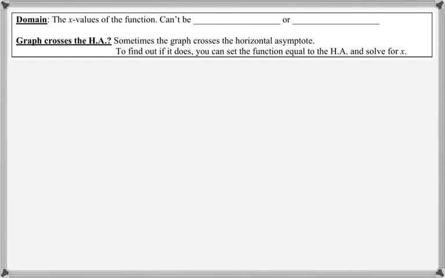And specifically, these can't be the vertical asymptote or the removable discontinuities, or the holes. So any vertical asymptotes and any holes in the graph, you got to make sure that you remove these from the domain, because the function is not defined at these spots.